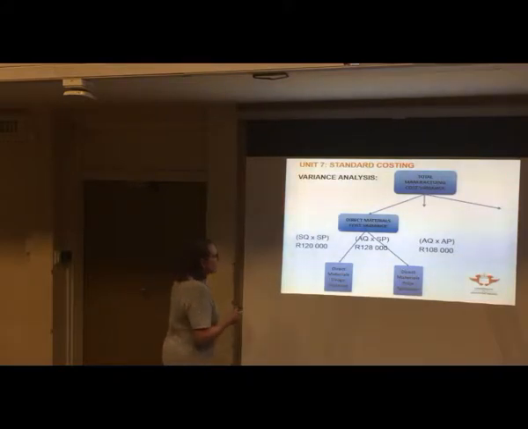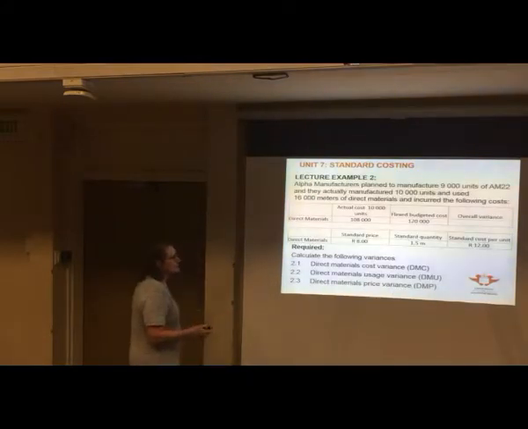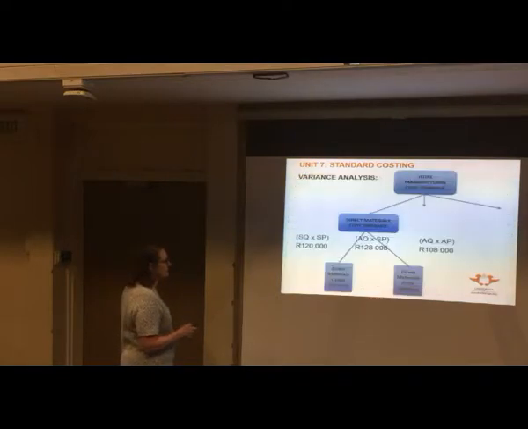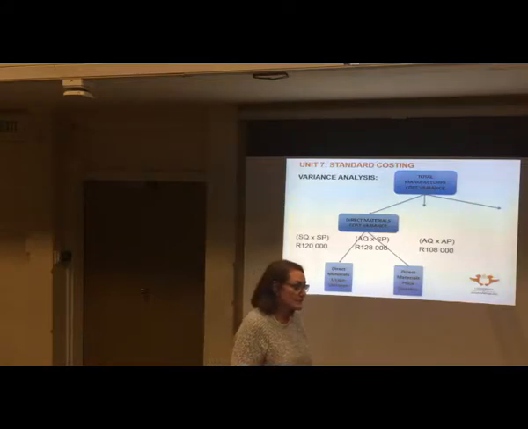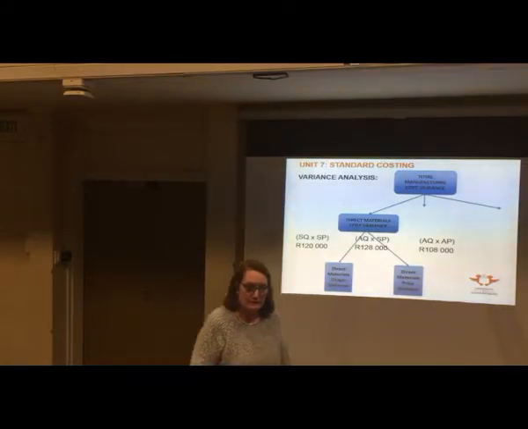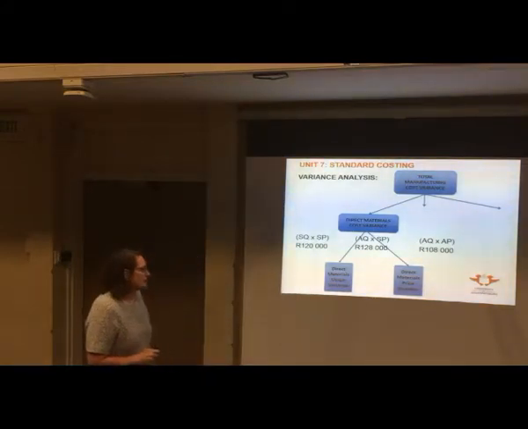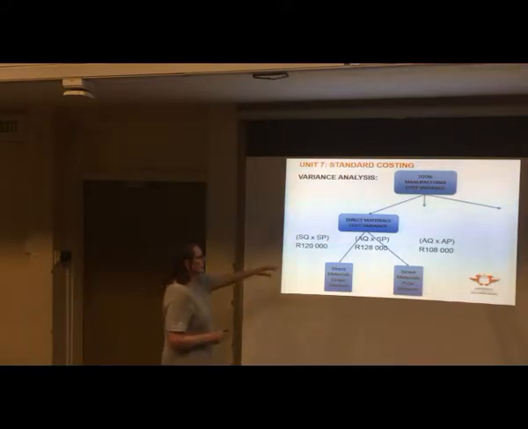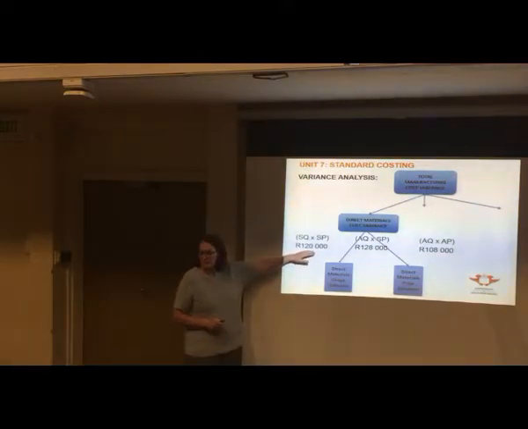If you now take the figures you've got here, standard quantity, so 10,000 times 1.5 times 8 should give you 120,000. Does it do that? Yes. So you can see where we got the 120,000 from.